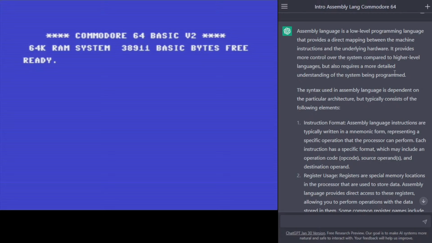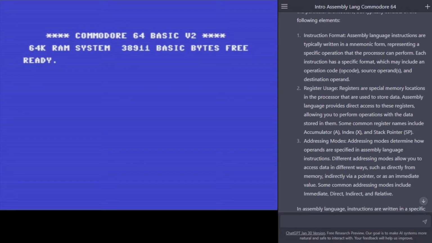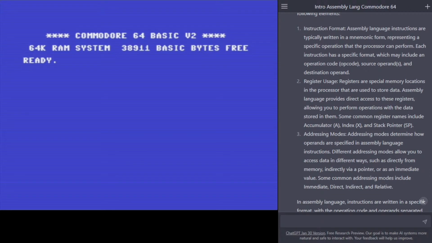Assembly language is a low-level programming language that provides a direct mapping between the machine instructions and the underlying hardware. It provides more control over the system compared to higher-level languages, but also requires a more detailed understanding of the system being programmed. The syntax used in assembly language is dependent on the particular architecture, but typically consists of the following elements: instruction format. Assembly language instructions are typically written in a mnemonic form, representing a specific operation that the processor can perform.